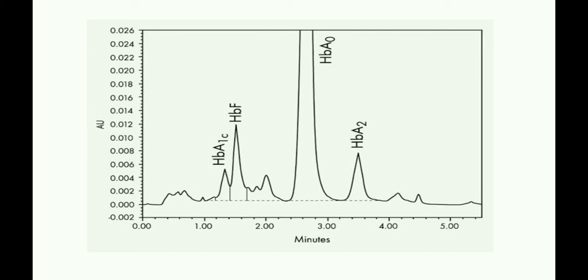So they can combine with the delta chain so that there will be increase in the formation of fetal hemoglobin. This is observed in high performance liquid chromatography, and this is used for confirming the diagnosis of thalassemia major.